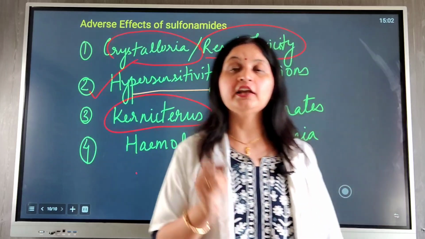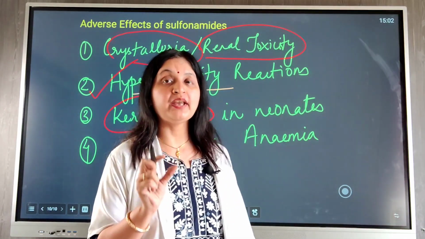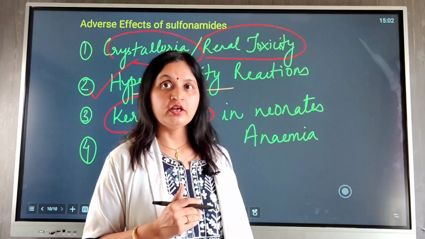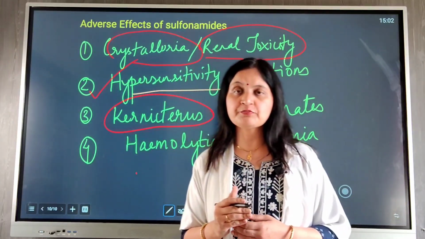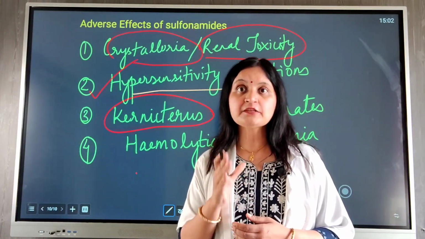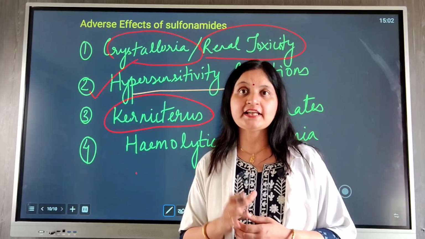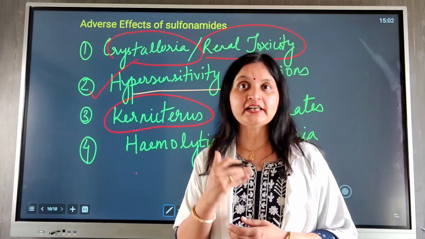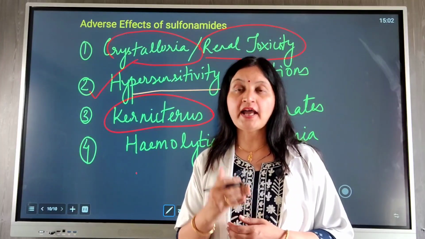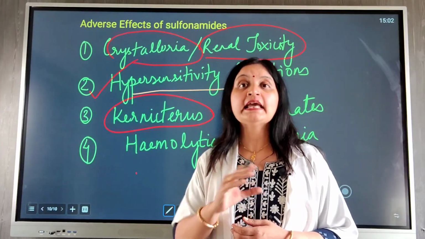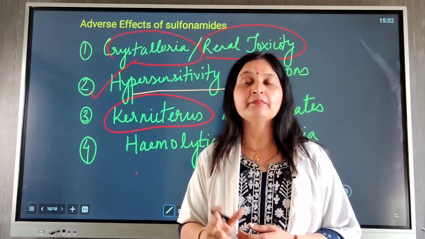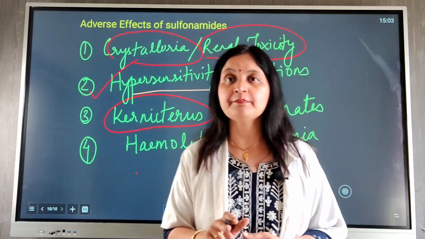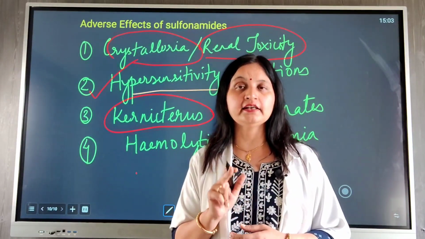This is commonly seen in neonates because the blood-brain barrier is immature. Sulfonamide displaces bilirubin from the binding sites of plasma protein, so there is more unconjugated bilirubin in the plasma, and it can easily pass through the blood-brain barrier and get deposited in the basal ganglia and subthalamic nucleus, causing kernicterus.